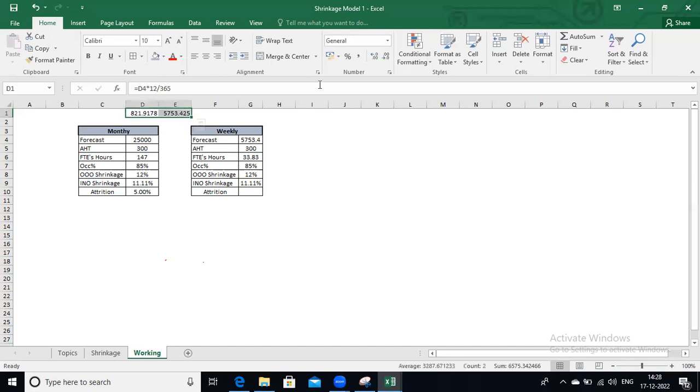Yes. So directly we will not divide by any particular number, because somewhere I have seen that people divided by 4.2, 4.3. So this will not be accurate.